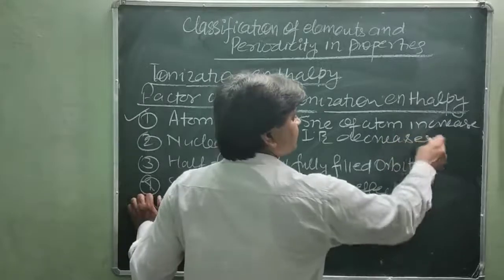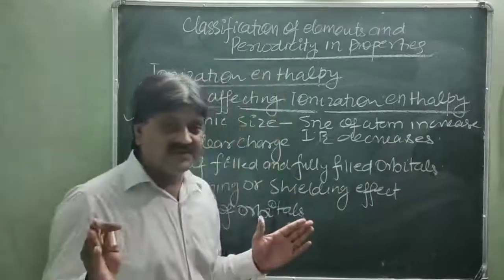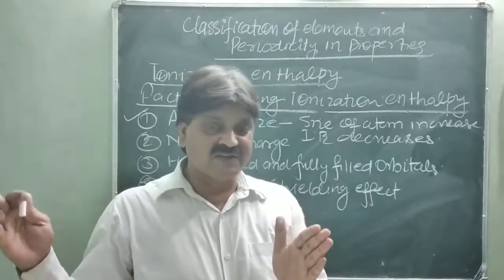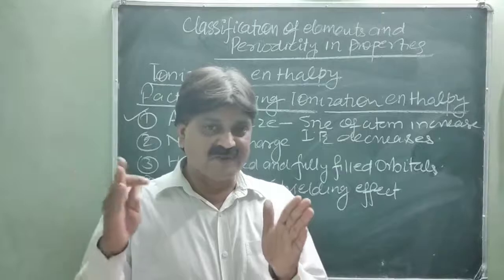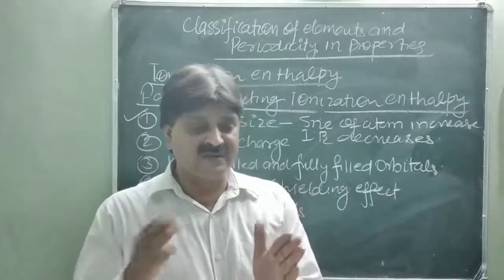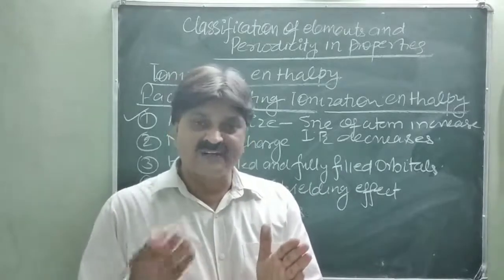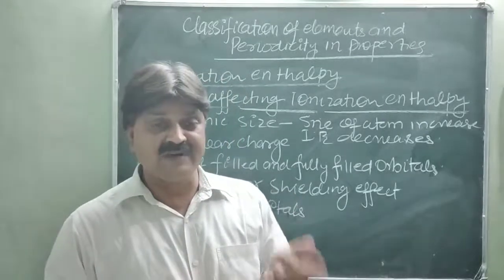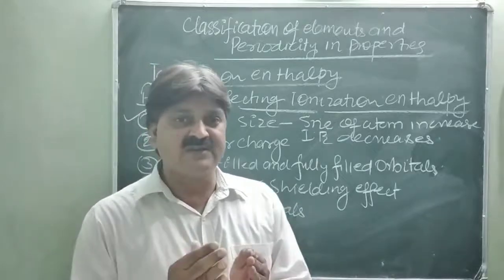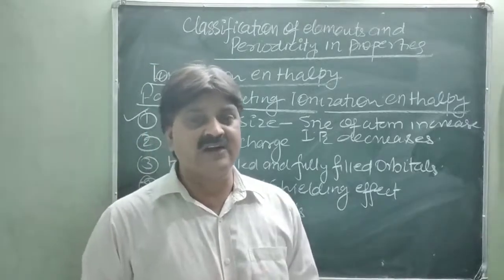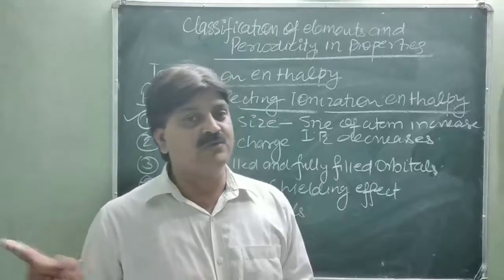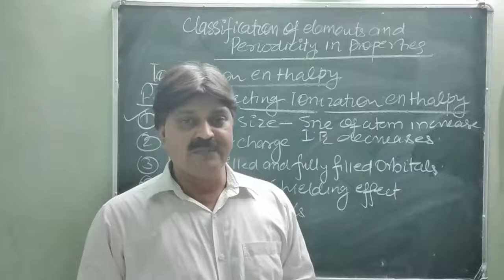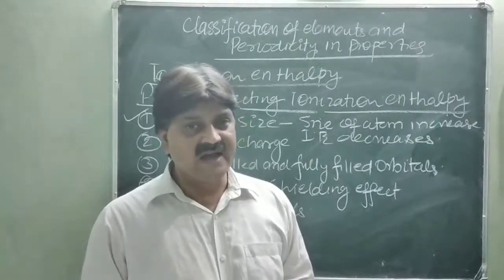The reason is clear: because as the size of the atom increases, the distance between the nucleus and valence electron also increases. So what will happen? There is less force of attraction acting on the valence electron from the nucleus, so a small amount of energy is required to pull the electron. And as the size of the atom decreases, there is more force of attraction between the nucleus and valence electron, and more energy is required to pull the electron. So smaller the size, higher the ionisation enthalpy; bigger the size, smaller the ionisation enthalpy.